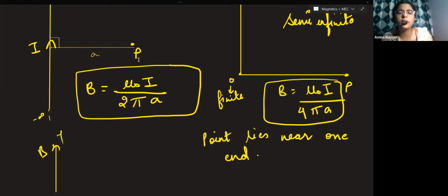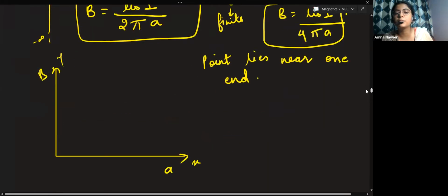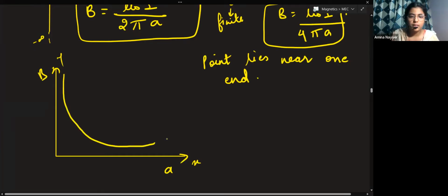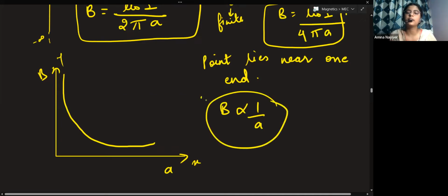See the formula, mu naught I by 4 pi A or 2 pi A. Exactly, Fatima. It is inversely proportional. B is inversely proportional to A. So the graph will be a hyperbola.